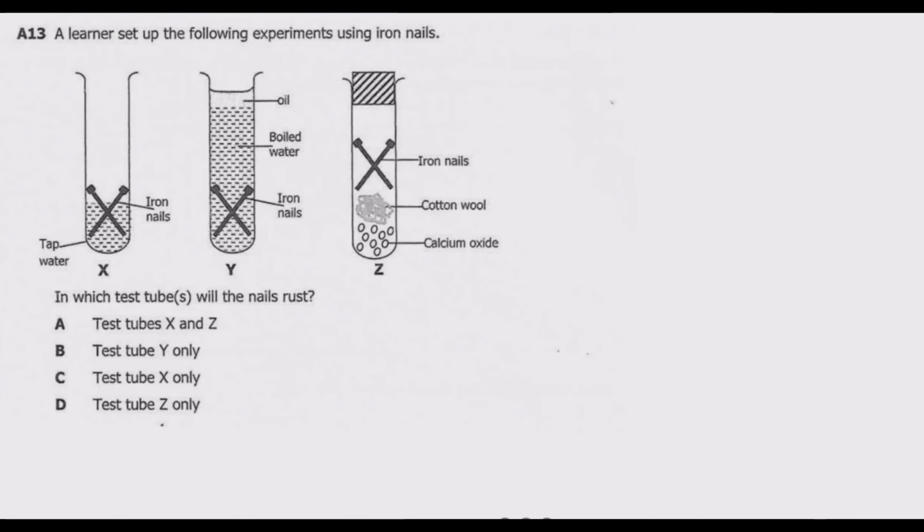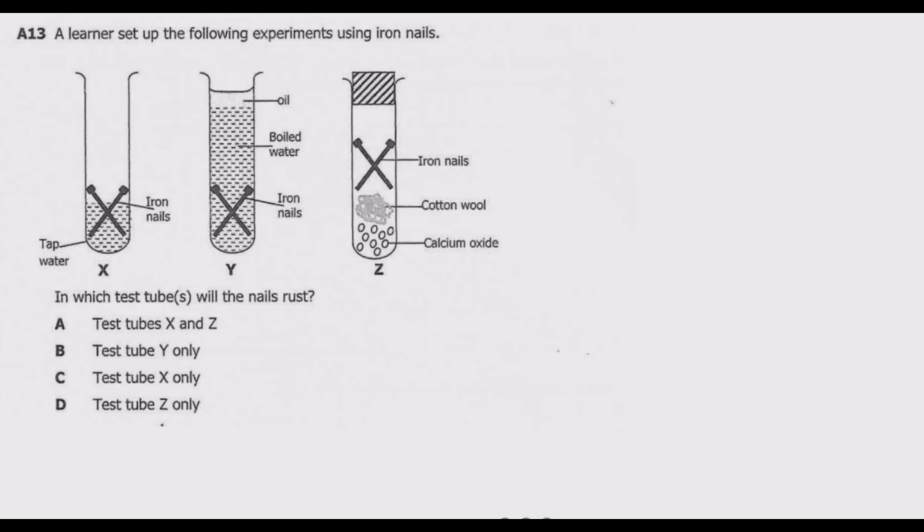Let us look at question 13. A learner set up the following experiments using iron nails. In which test tubes will the nails rust? We need to know what conditions are needed for rust to occur. Rust is hydrated iron oxide.